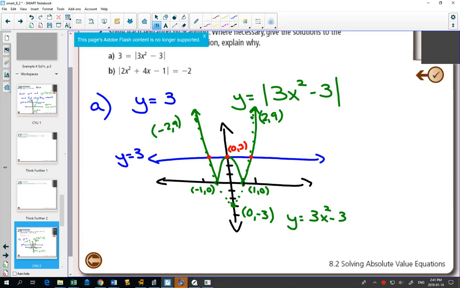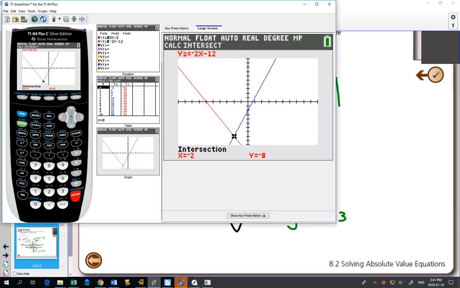So somewhere around 1.4, 3 and negative 1.4, 3. We'll look at how we could do this algebraically afterwards. But for now, we're just going to use an estimate. I'll show you how you can find it on your calculator.